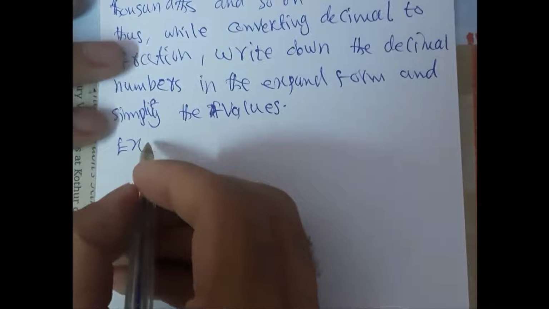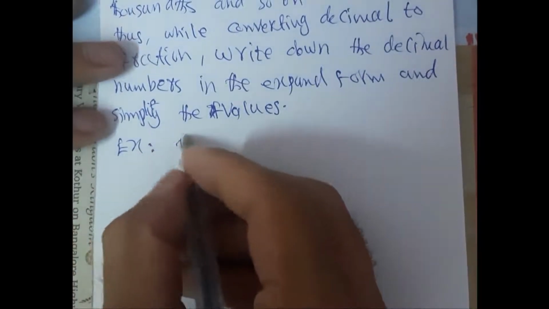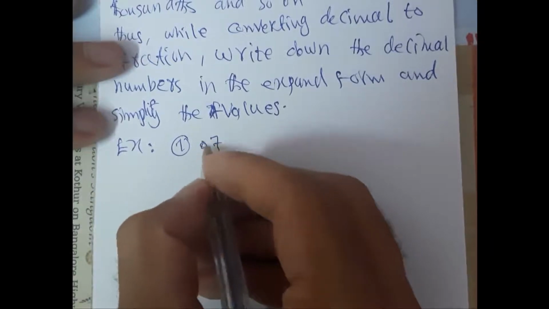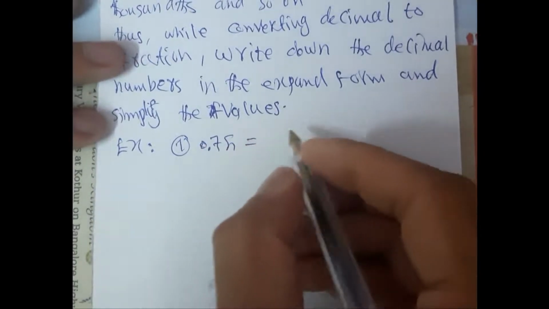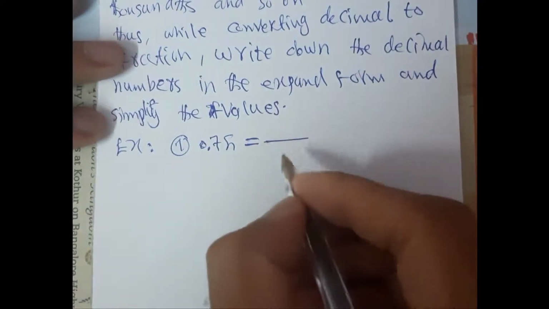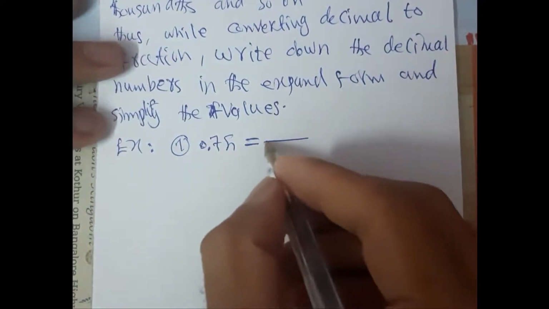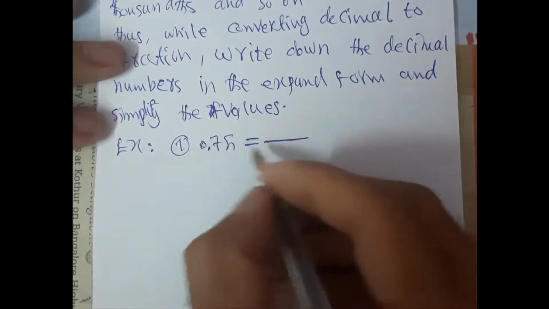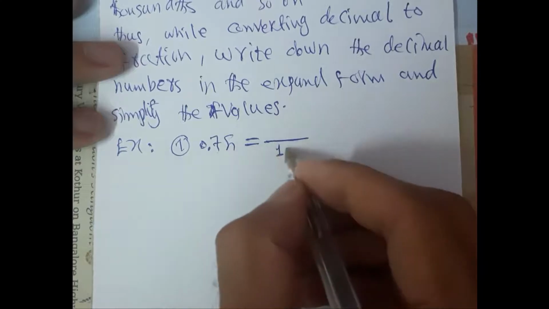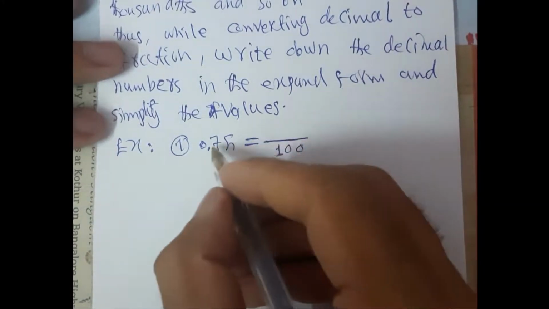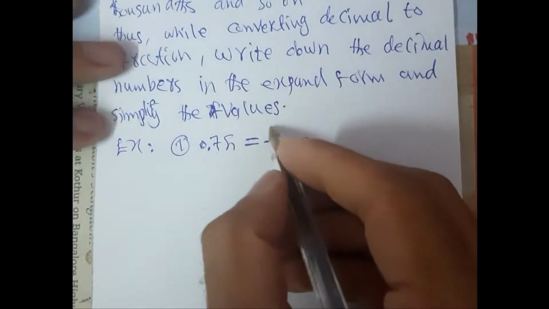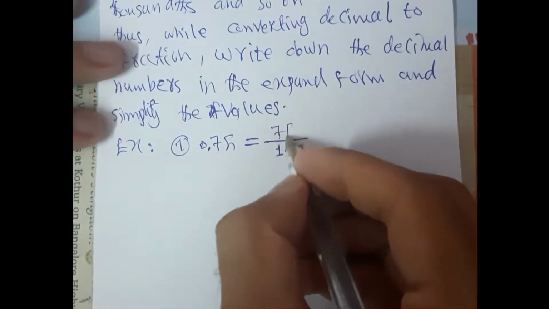Example 1, if we have 0.75, how to change this number into a fraction? First we write a line like this. We put here 1. How many decimal places do we have? 2. And all of them come to the numerator, 75.